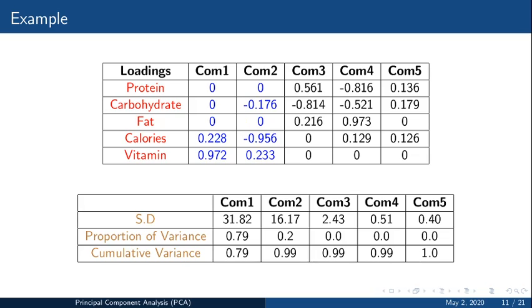Let's take a concrete example. Let's say we have some cereals data, and it contains contents like protein, carbohydrate, fat, calories, vitamin, etc. So these are the original variables: protein, carbohydrate, fat, calories and vitamin, x1, x2, etc., x5, 5 variables.